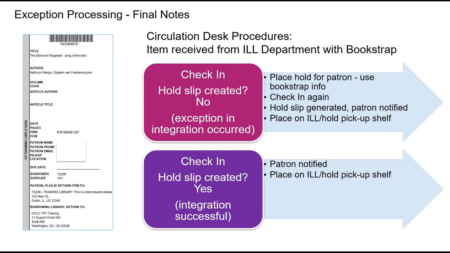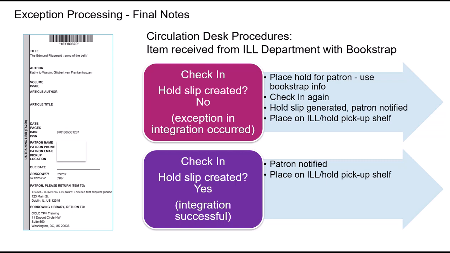You can correct the integration errors as reviewed, or you can place the bootstrap on the item in ILL and get it to circulation for processing. Circulation staff use the information on the bootstrap to determine if the patron needs to be notified of pickup automatically. If a hold slip is generated, circulation staff know the patron will be notified for pickup.